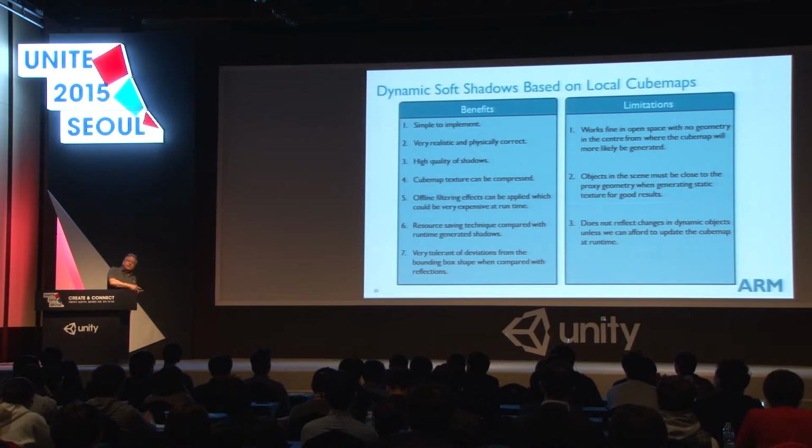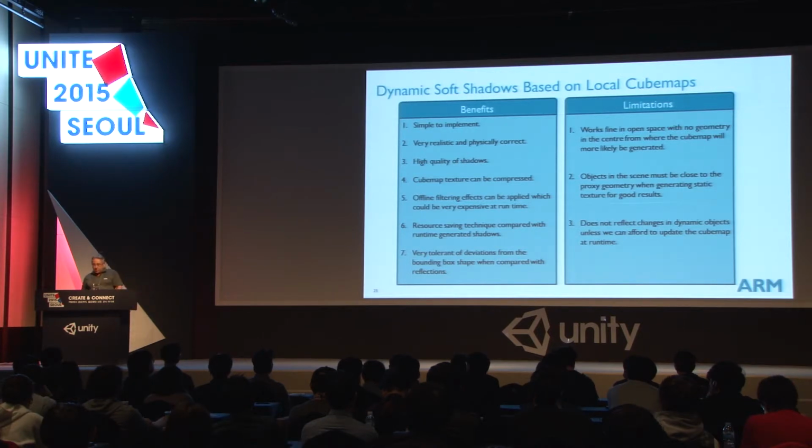But when we are dealing with reflections, the farther away the shape of the scene is from the geometry of the bounding box, our reflection will start to get deformed. But in the case of shadows, this technique is very tolerant of deviation from the bounding box shape of our scene.